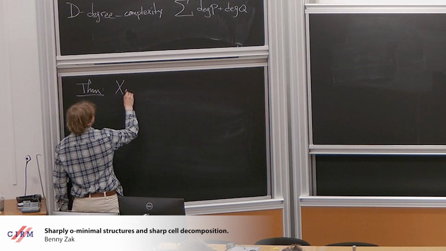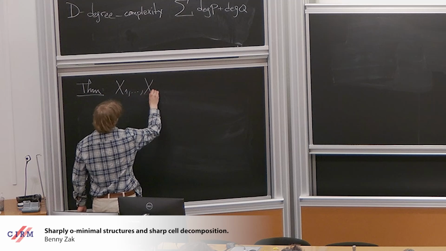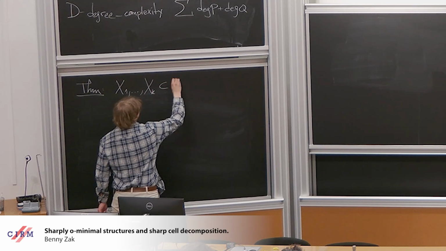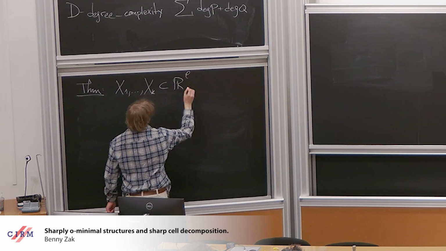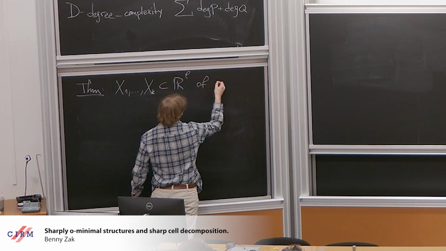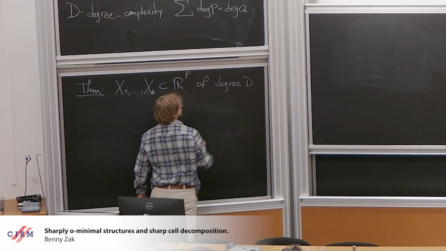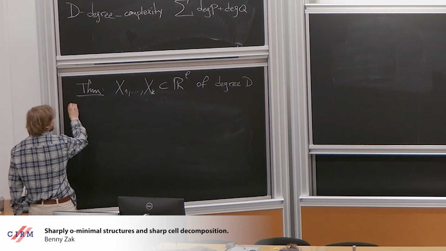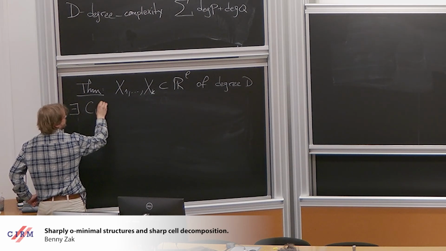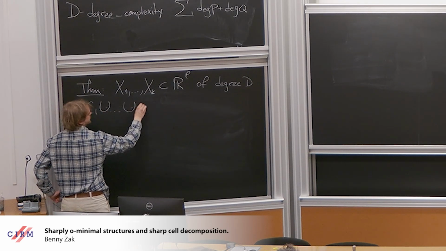Let's say that we have k semi-algebraic sets in R^L, where every one of them has degree d. Then there exists a cellular decomposition of R^L.